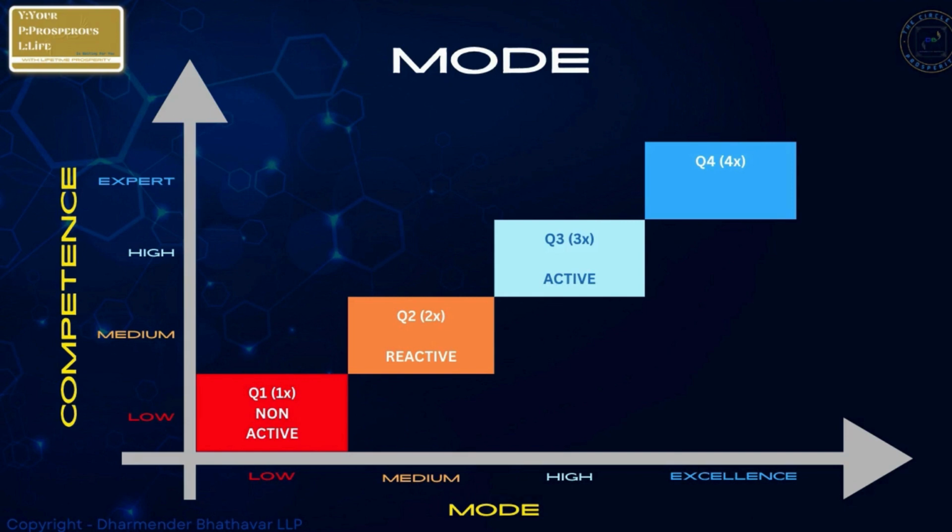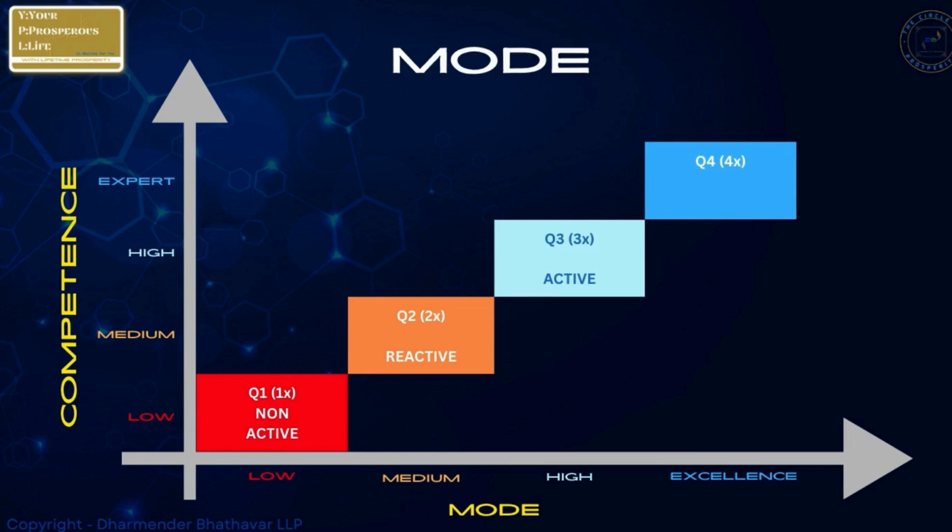Rather than waiting for events to unfold, they participate with an anticipation of possibilities, seek opportunities, and make decisions that are aligned with their objectives, goal or purpose. So this is what we mean by active.